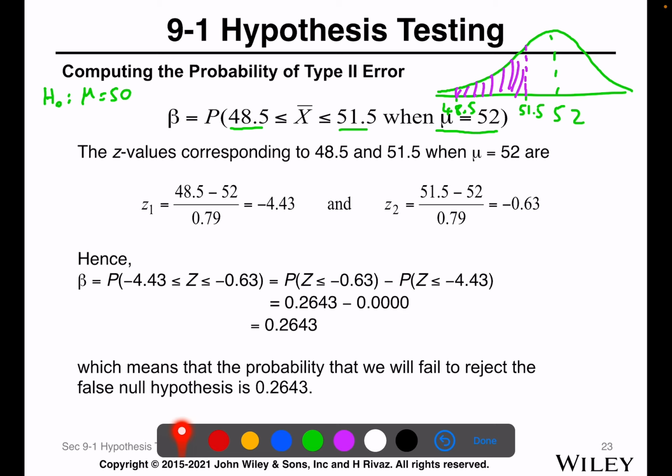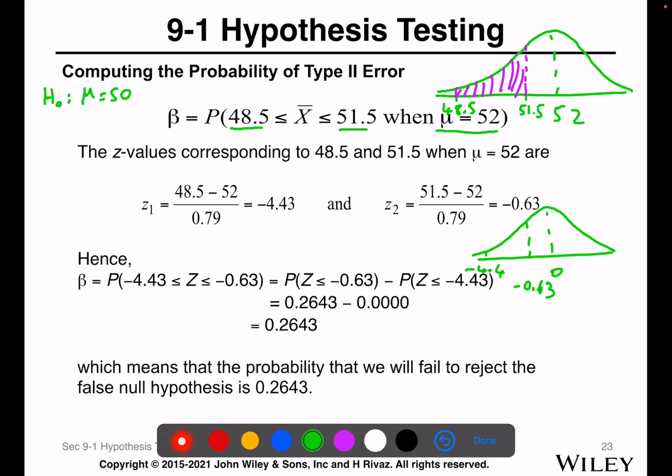So all I have to do again is use the same equation as before, x bar minus mu divided by sigma divided by square root of n, right? If we do that, then this distribution becomes the following distribution in the standard form. So this is now 0, 51 becomes minus 0.63, and then 48.5 becomes minus 4.4, right?